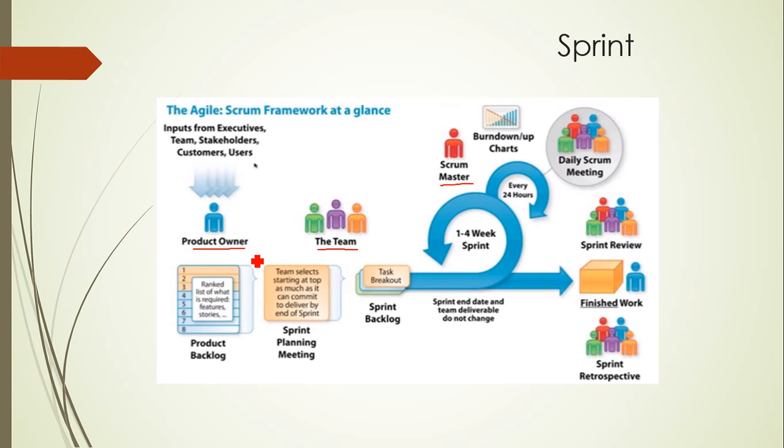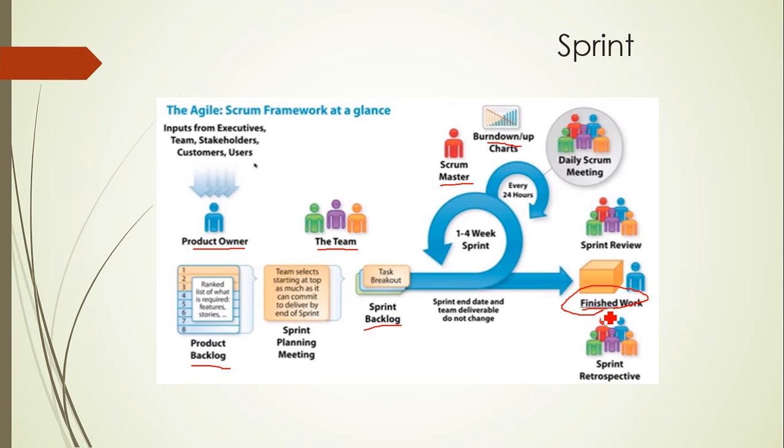These three roles work on three main artifacts, that is the product backlog, sprint backlog, burn down and burn up charts, and finally the finished work.